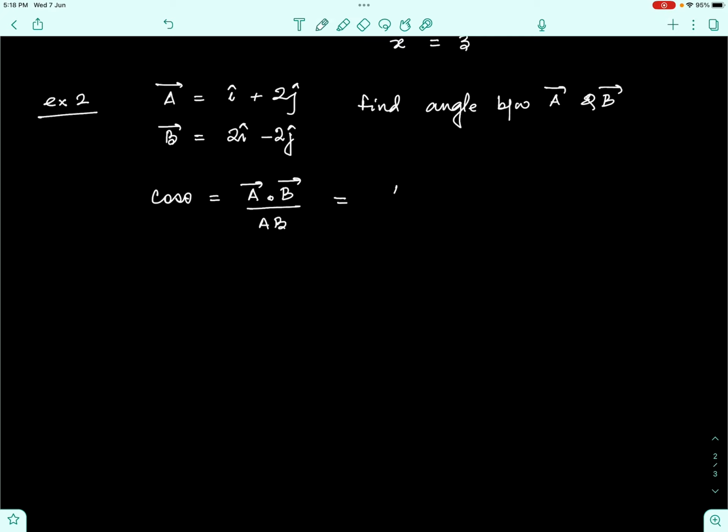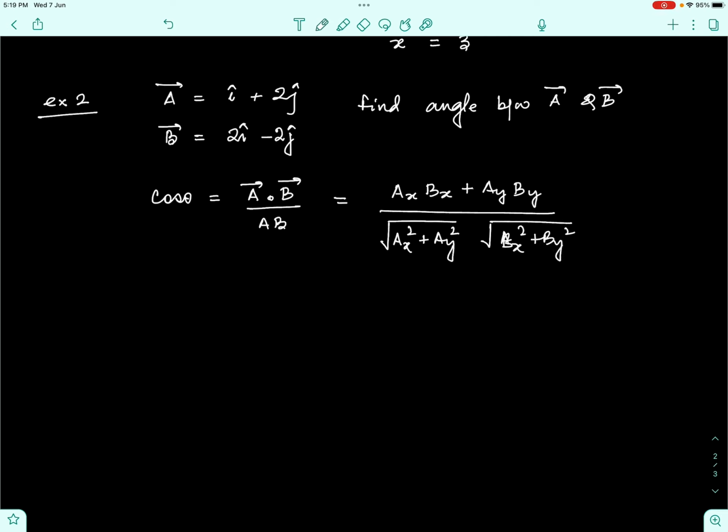A dot B we can find out by using the expression AX BX plus AY BY divided by magnitude of vectors A and B. We can calculate from AX squared plus AY squared whole square root. This will be the magnitude of vector A, and BX squared plus BY squared whole square root will be the magnitude of vector B. So we can substitute all the values now.